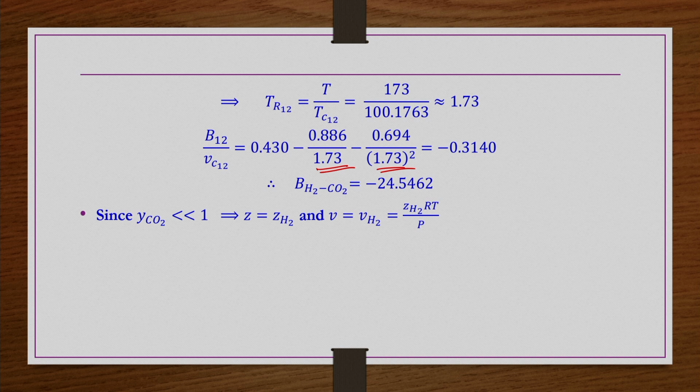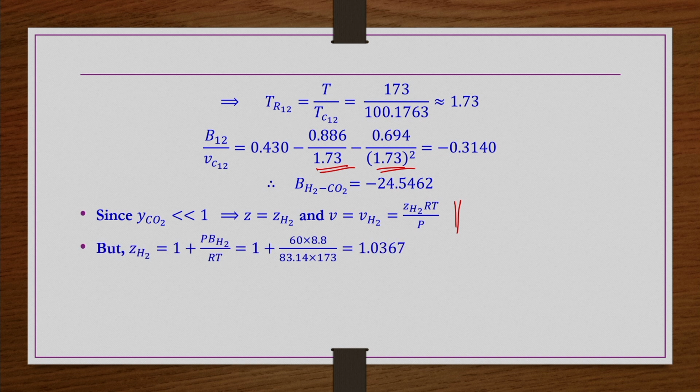We do not have any other way of calculating it except using the logic of the problem given, that the CO2 is very small. So, we can take the remaining component H2 as dominating in the mixture, so the mixture may be approximated as pure H2 in order to estimate Z and then V for the mixture.